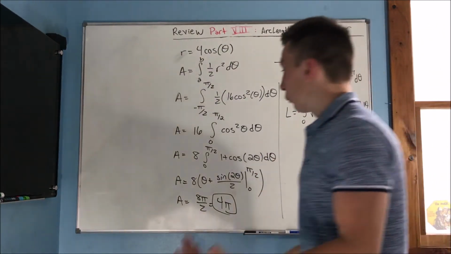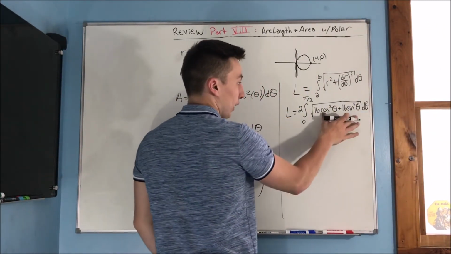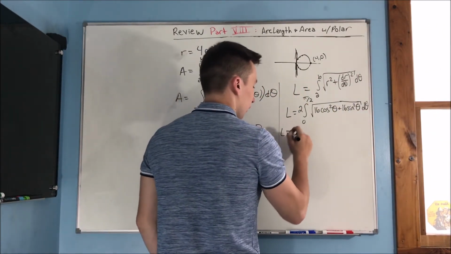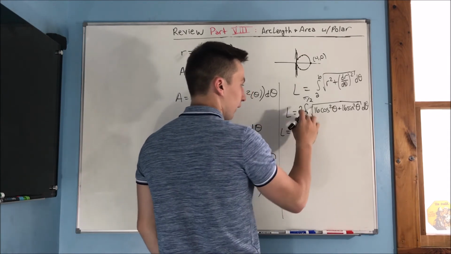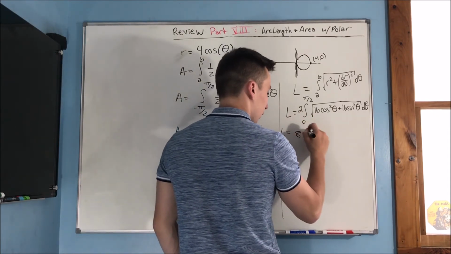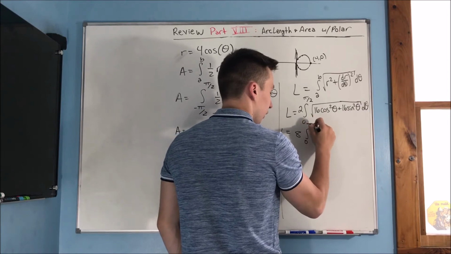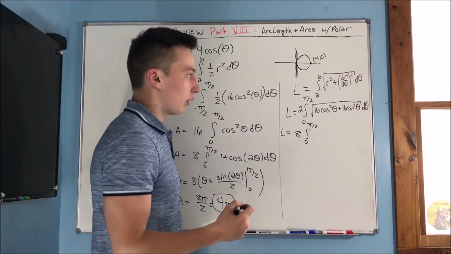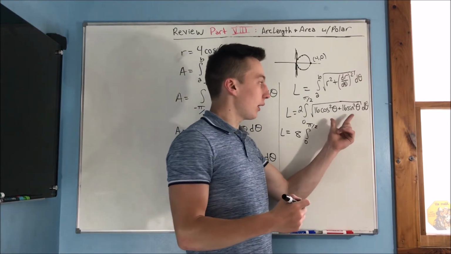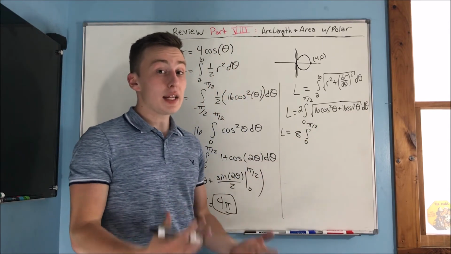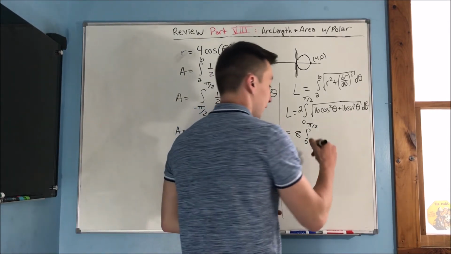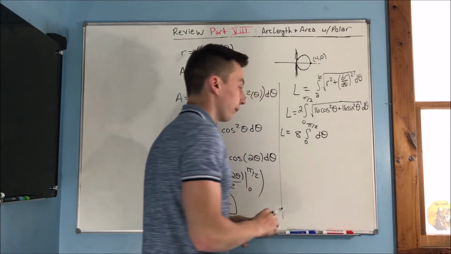Now we have to go even further. We can pull out this 16, and we get a 4 on the outside. That can be an 8, the integral from 0 to pi over 2, of what? Well, this just becomes a cosine squared theta plus sine squared theta on the inside. That's 1, and that gives us just d theta here.